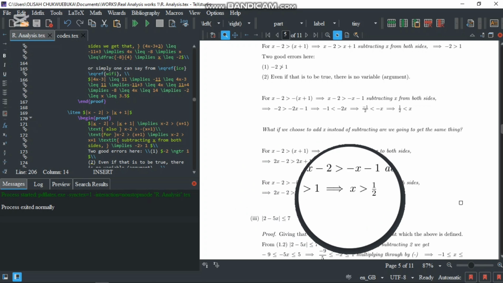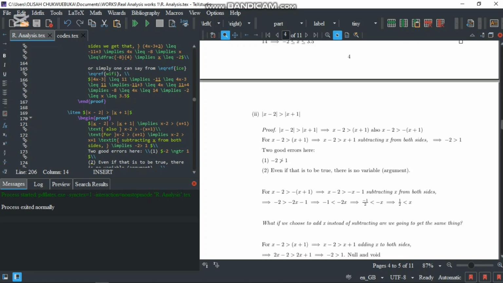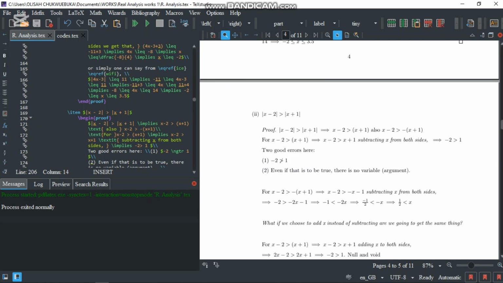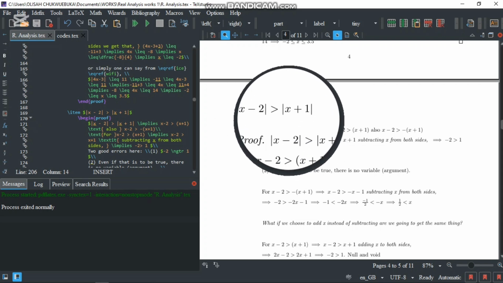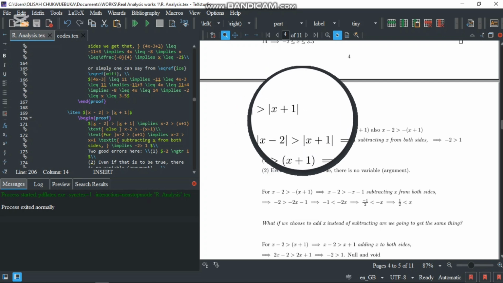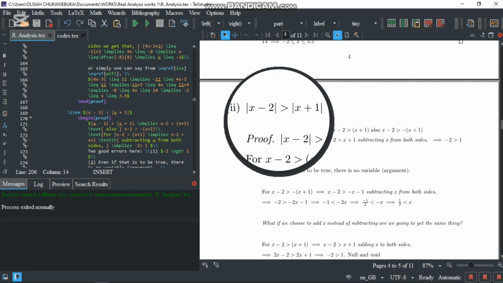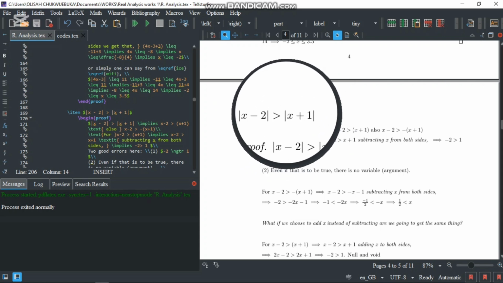Which means that for any value of x greater than 3/2, this absolute value inequality is going to work. But if x equals the boundary value, it's not going to work.